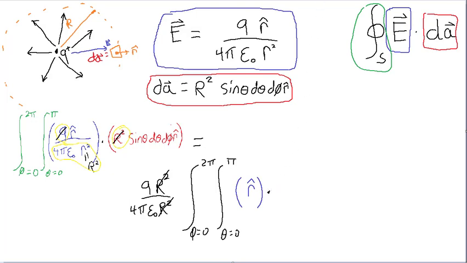So copy over the parts now for the element of surface area, which is also a vector. So what's remaining here? We have sine theta, d theta, d phi, here's an r hat.